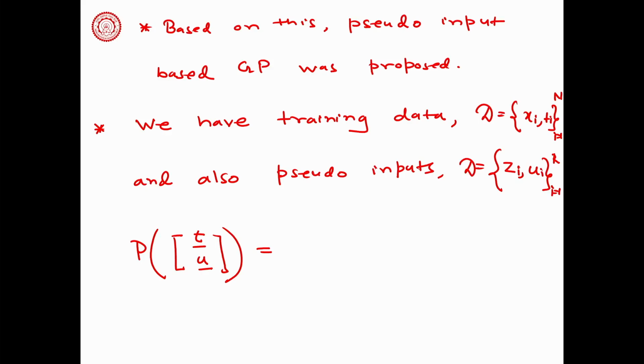Forget about u, if there was only the probability of t, then what would have been the distribution? Louder? Multivariate Gaussian, right?